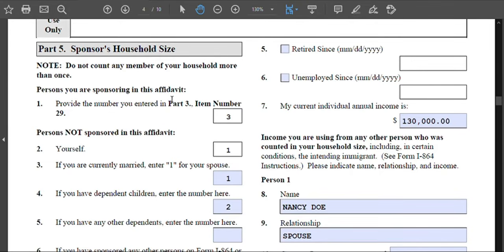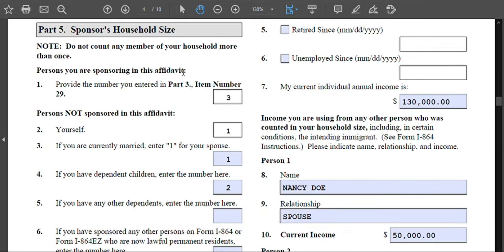So here you will have to calculate household size. So before I move on, I want to make a couple notes. First, I have a video specifically dedicated to calculating household size. Make sure that you watch that video if you have any additional questions after this. Obviously, refer to the form instructions as well. And finally, people will frequently have a problem with calculating household size.